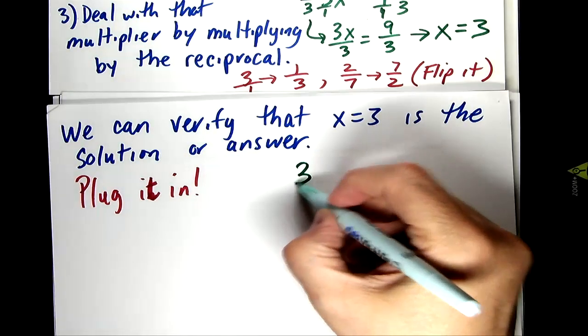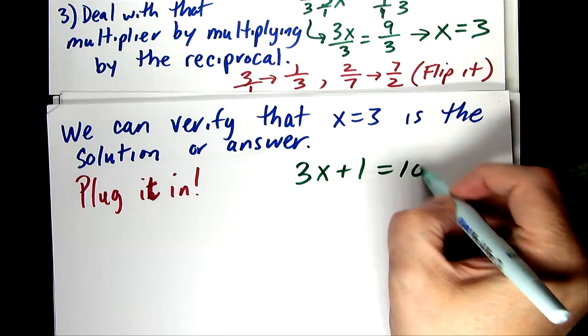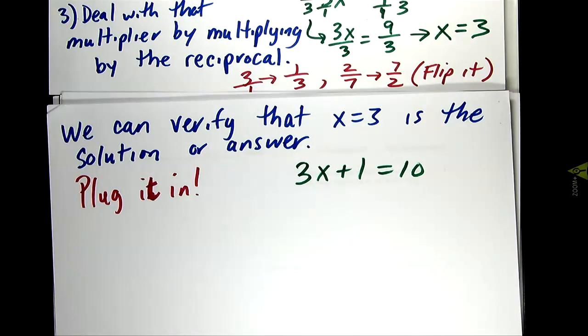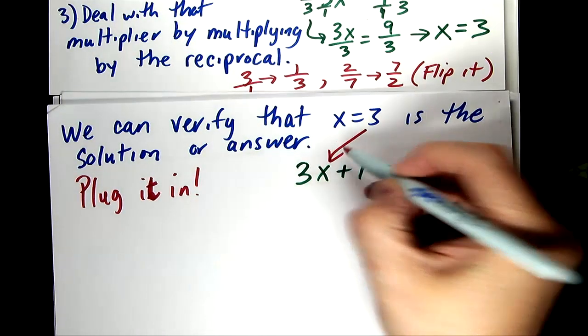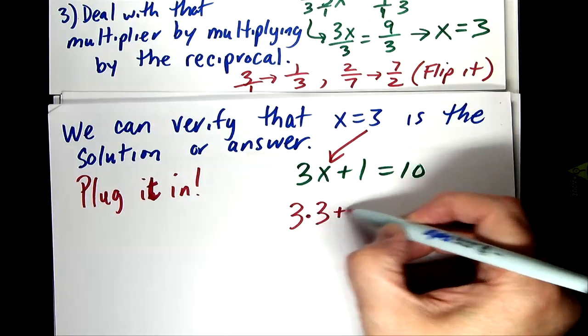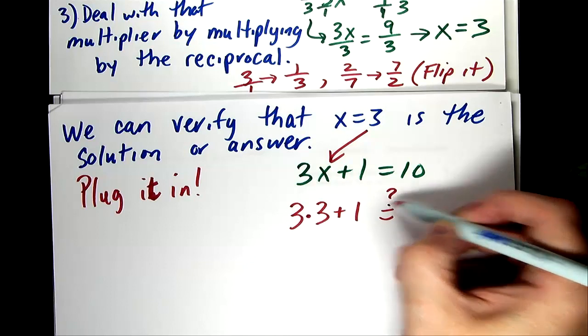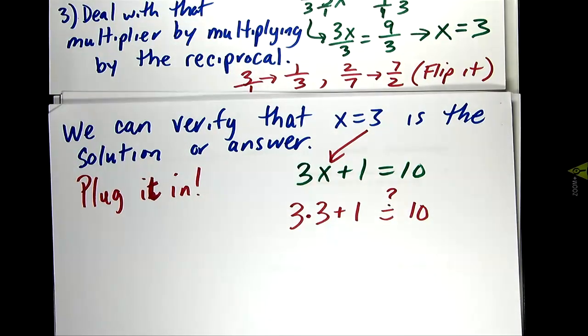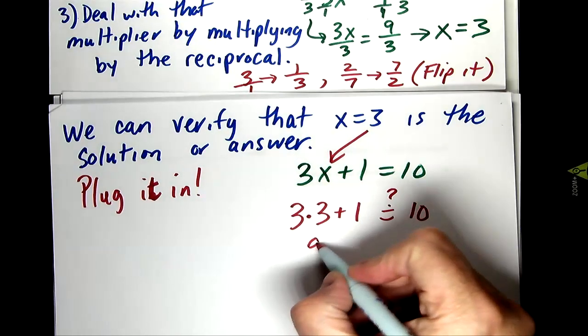We had 3x plus 1 equals 10. And we're going to plug it in. I will have 3 times 3 plus 1. Does that equal 10? We do a little bit of operations. Do multiplication first. 9 plus 1.